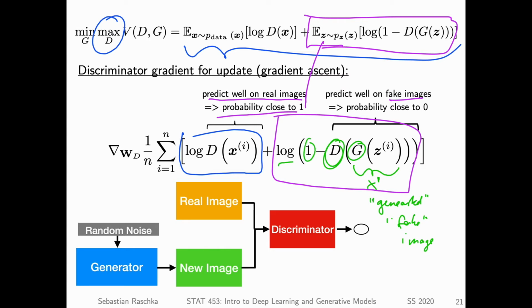What we have here is a 1, so we have log of 1 minus something. If we put a 1 here, the whole term becomes 0, and the log of 0 is again minus infinity. That is the opposite of maximizing something, because it would be a very negative value.